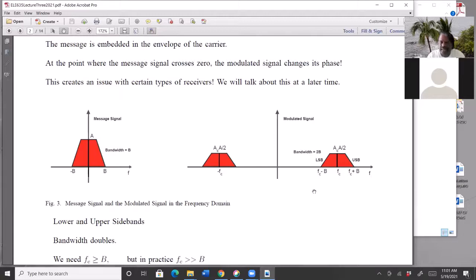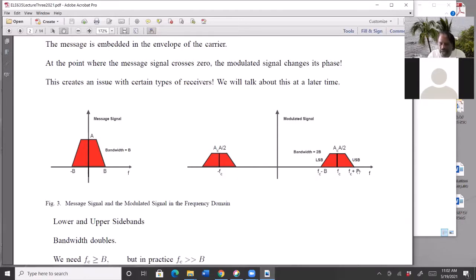The modulated carrier is basically this shape, but multiplied by Ac and then halved. So Ac times A over 2. And then it will go sit at fc and negative fc, but horizontally no change. So if this gets shifted to fc, then this will be fc plus B, this will be fc minus B, and you can figure out the numbers here.